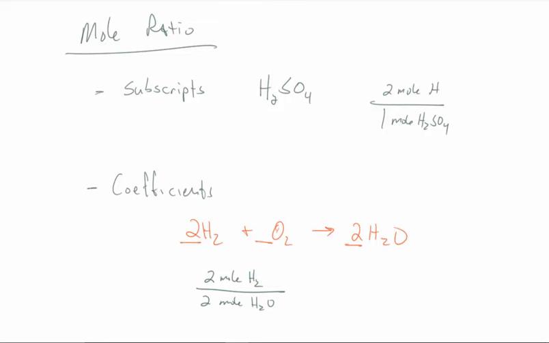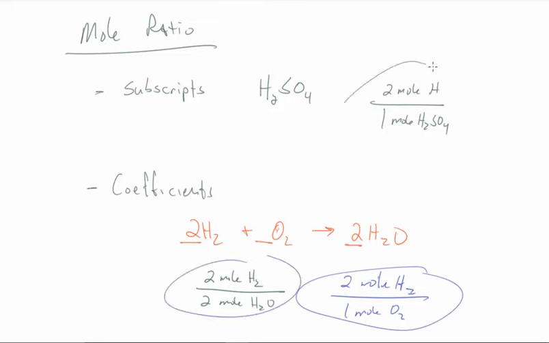Another example is 2 moles of hydrogen, and I need 1 mole of oxygen to react with that. So that would be my mole ratio if I was trying to relate hydrogen and oxygen. And again, this is in that middle area, and this is my multiplier. That's what I mean by multiplying by a mole ratio.